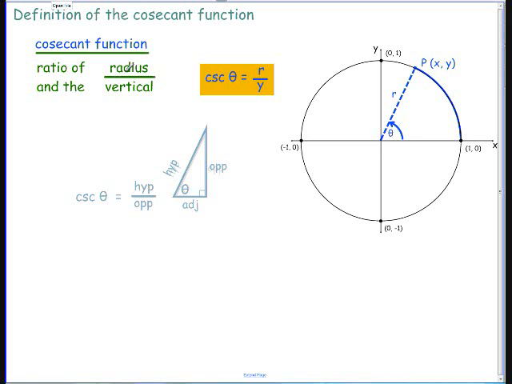Cosecant. Okay, we know this is the ratio of the radius to the vertical. It's a reciprocal partner to sine. So now y is in the denominator, so every time that y is equal to 0, as here, it's right here and here, happens once in every period, well, twice, happens at the beginning, midway, and then again at the end, and as you go around, it happens twice in each period.